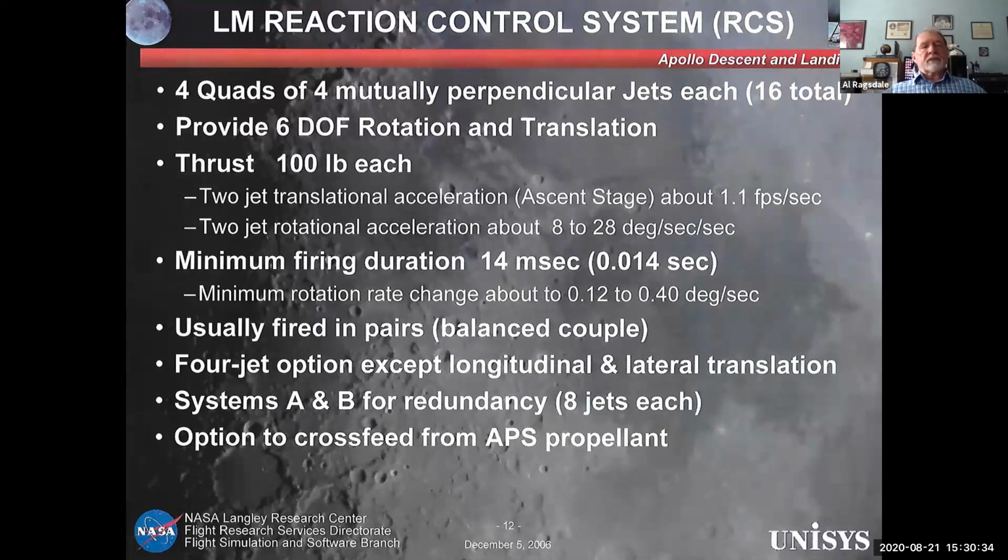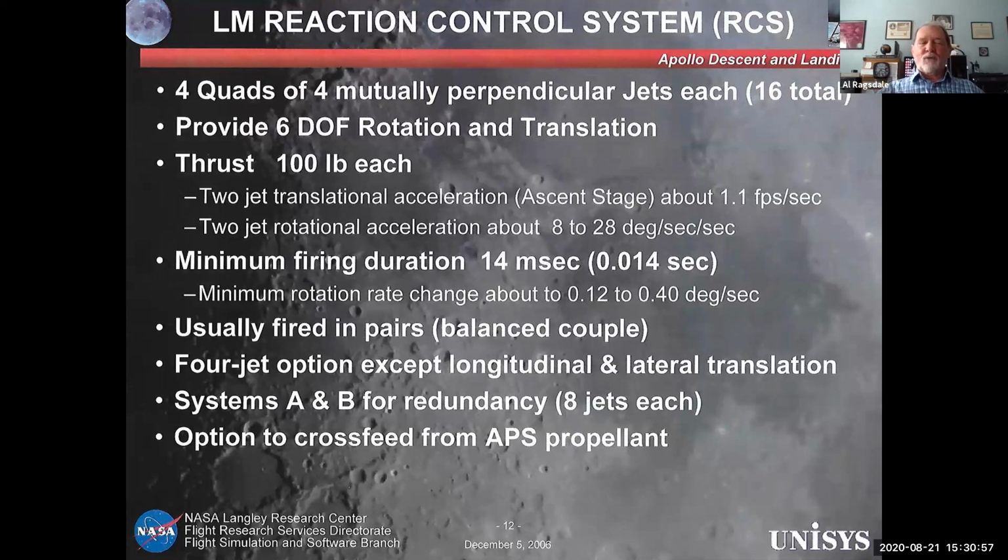The rotational jets could be fired 1 up, 1 down to produce a balanced couple. Depending on the mass of the vehicle and which axis you're talking about, the 2 jets would accelerate you at 8 to 28 degrees per second. So some of the crews commented that this vehicle was very sporty.